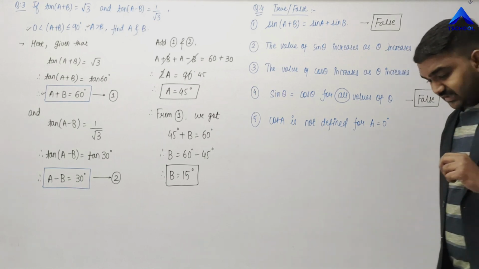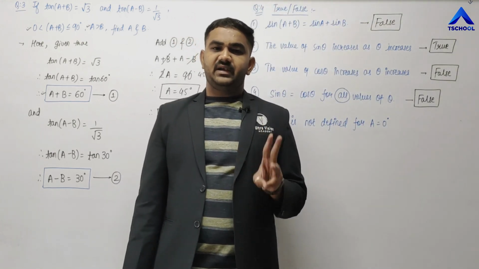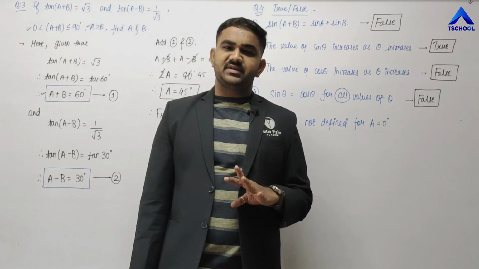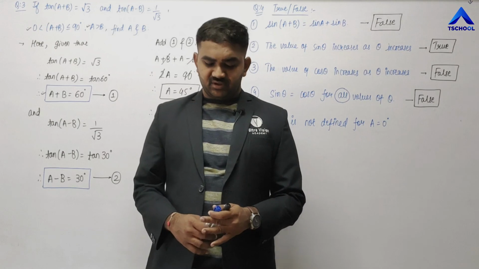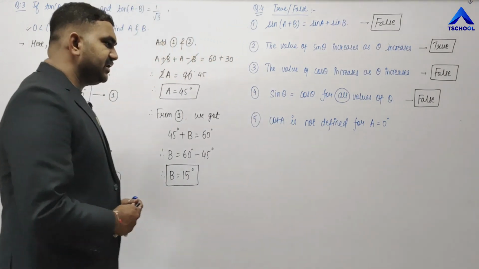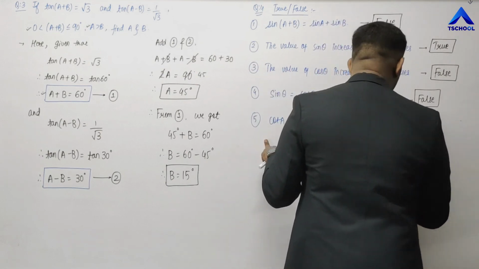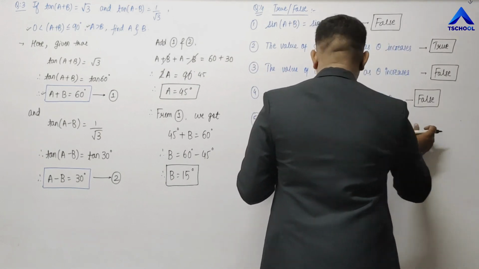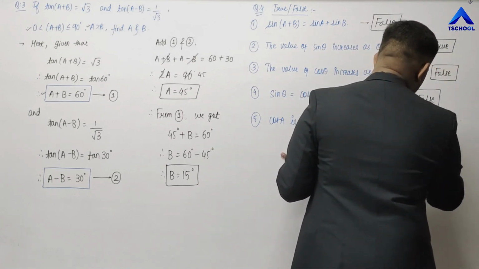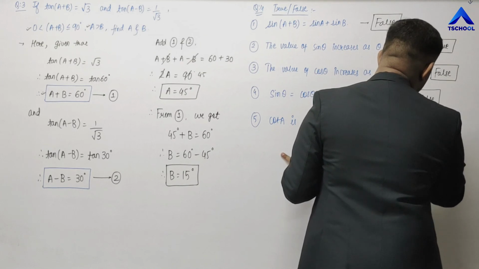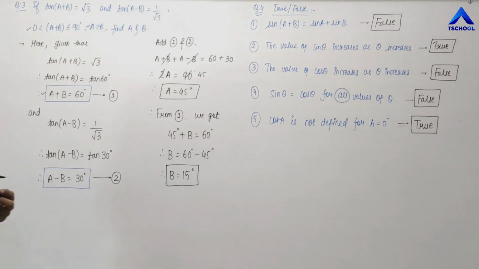So let us quickly see. Sin 0 is 0, cos 0 is 1, tan 0 is 0, cot 0 is not defined, sec 0 is 1 and cosec 0 is not defined. So as we see in this table, cot 0 was not defined. So the value of cot A is not defined if I put A equals 0 degree, right? And hence the answer is true.